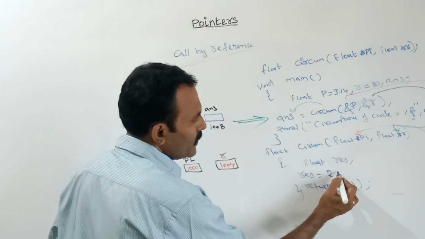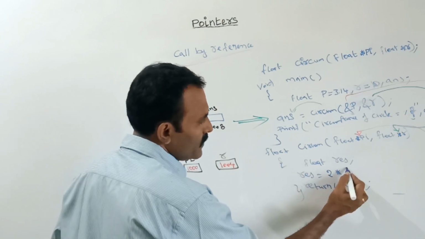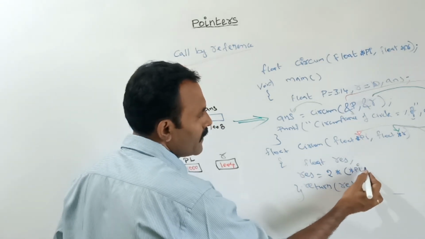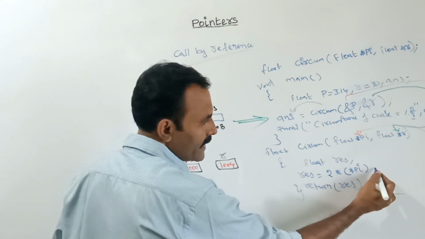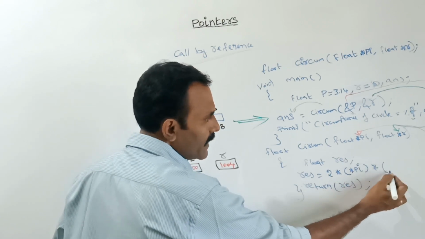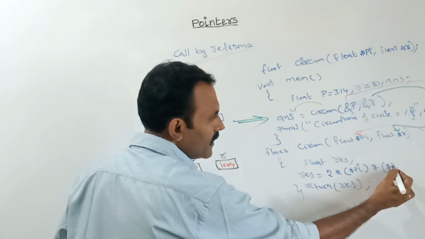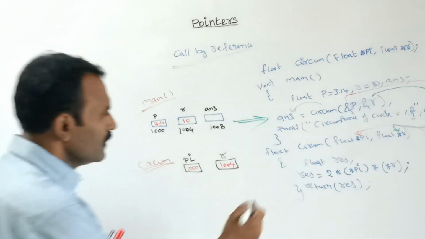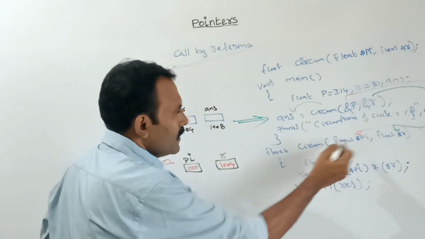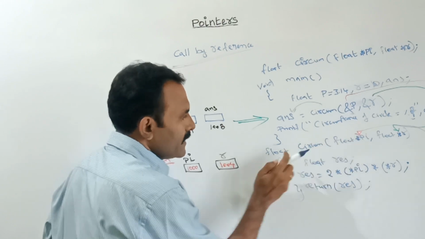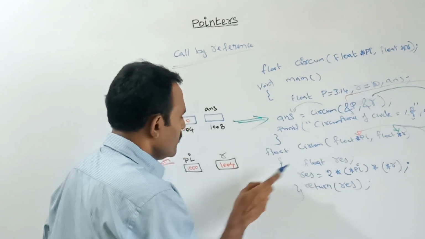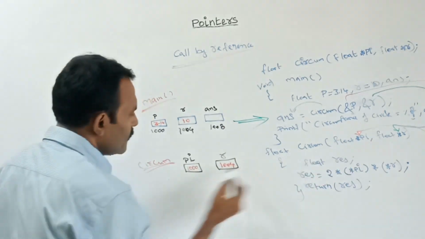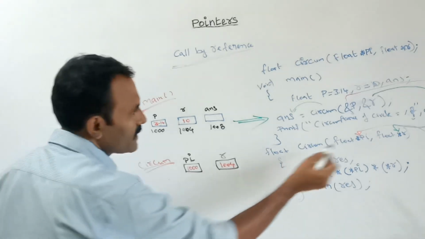So 2, multiplied by the value at pointer variable pi, multiplied by the value at r. After getting the address, in the local variable res in the circum function, pi holds the address 1000 and r holds the address 1004.